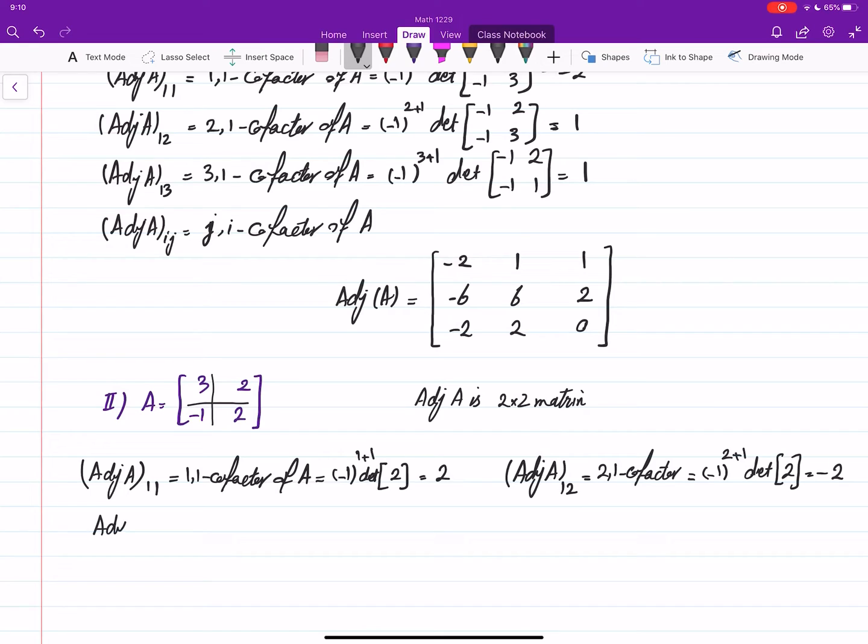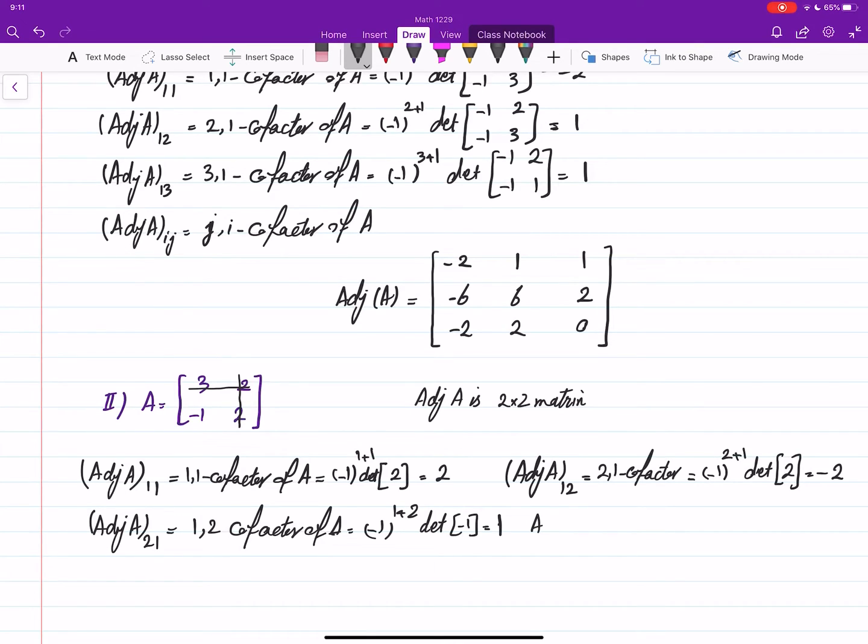Adjoint of A, the entry 2, 1 is the 1, 2 cofactor of A, and this is -1 to the power 1 plus 2, and the determinant of the submatrix is 1. The submatrix is -1, and there's a negative sign. This will give us 1.